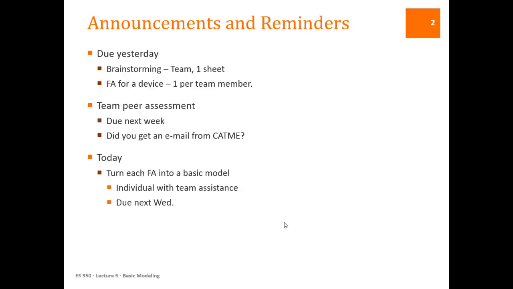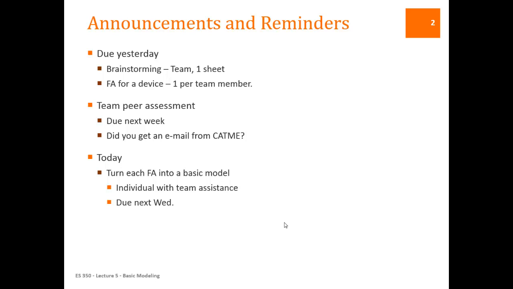Couple of announcements and reminders. Yesterday you had your brainstorming FA due, which was a team assignment, so you should have one tab in your DMADver that you turned in for brainstorming, and then you had your FA for each device idea, which was an individual assignment, so you should have one tab in your DMADver for each of your team members, which has a unique device on it in terms of functional analysis laid out.